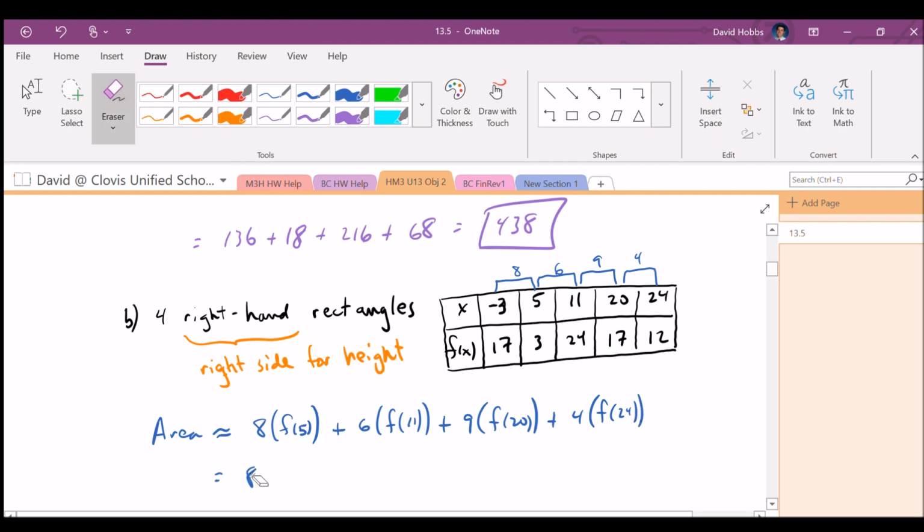So let's see, 8 times, let's see, f of 5 is 3, f of 11 is 24, f of 20 is 17, and f of 24 is 12.